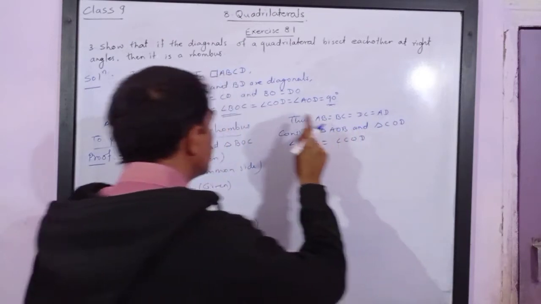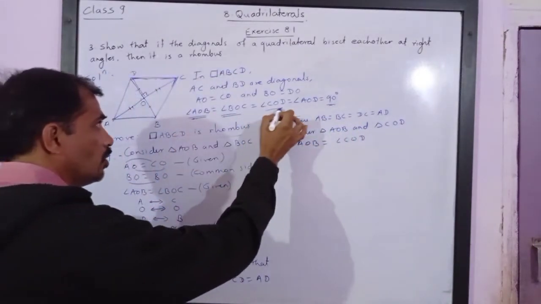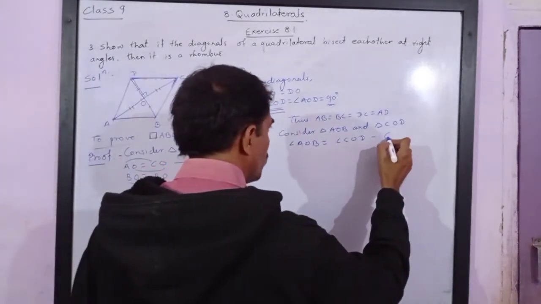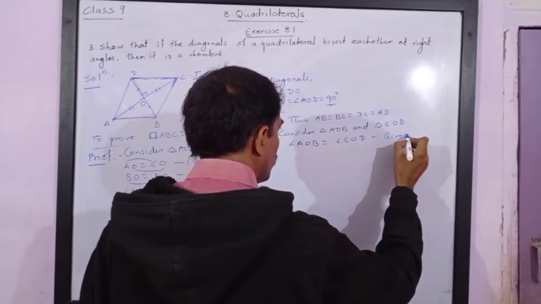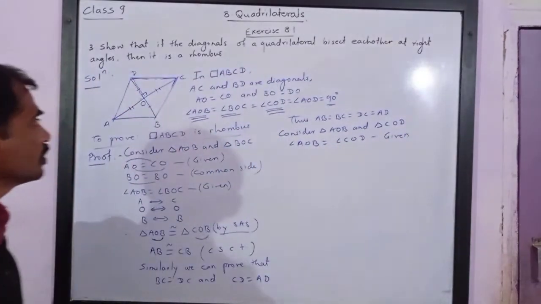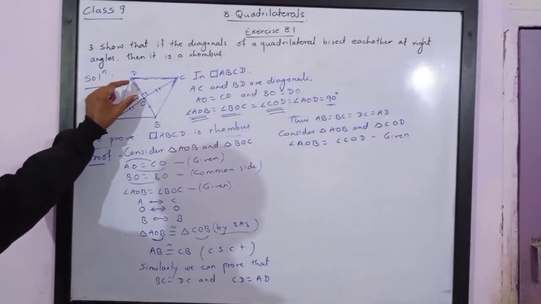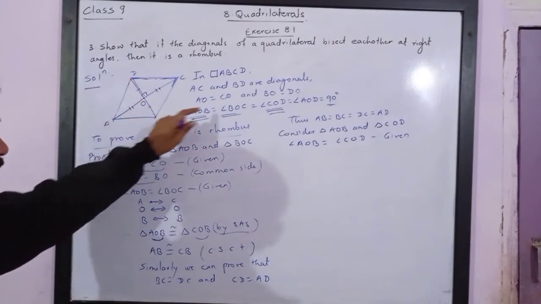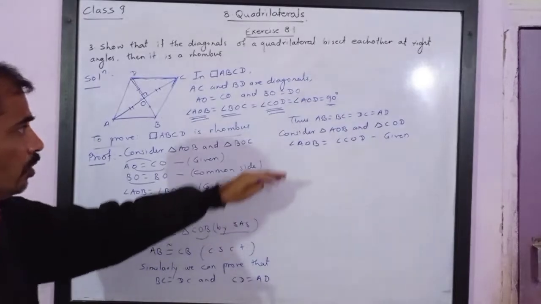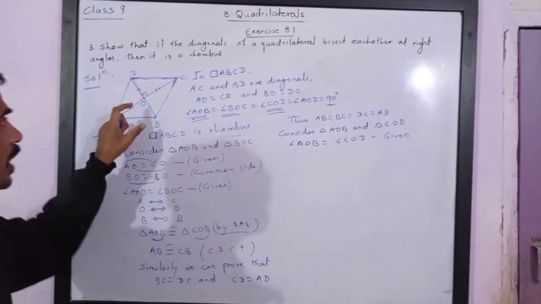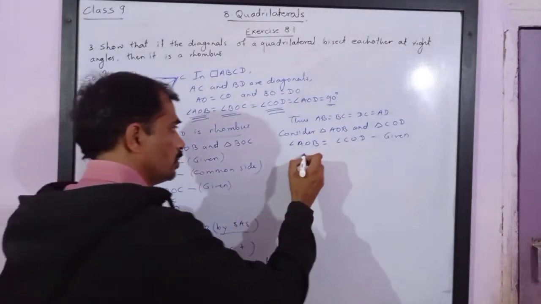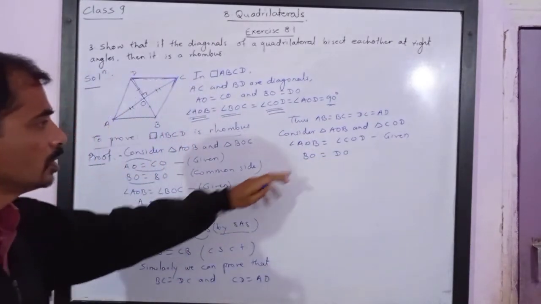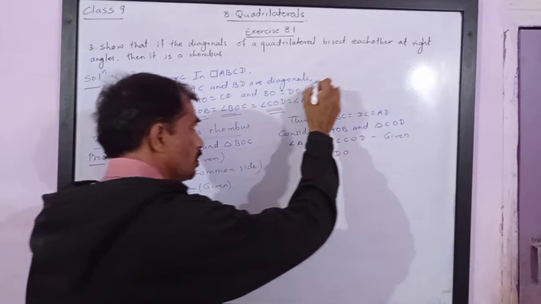The reason is that angles AOB and COD are equal; that is already given to us because both are right angles. Now BO is equal to DO. This is also given to us.